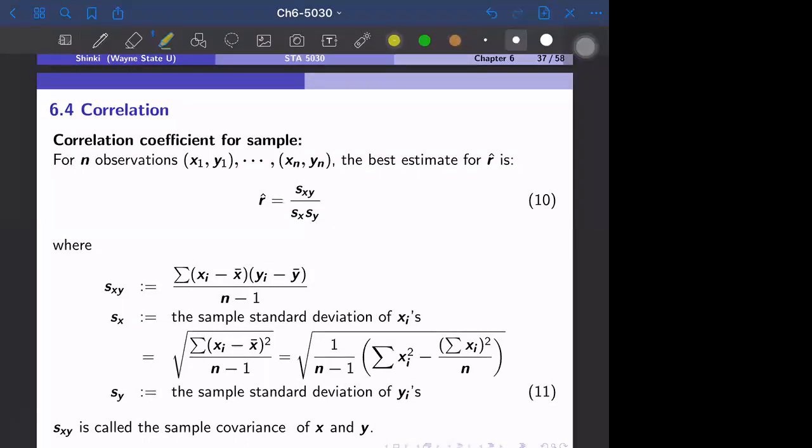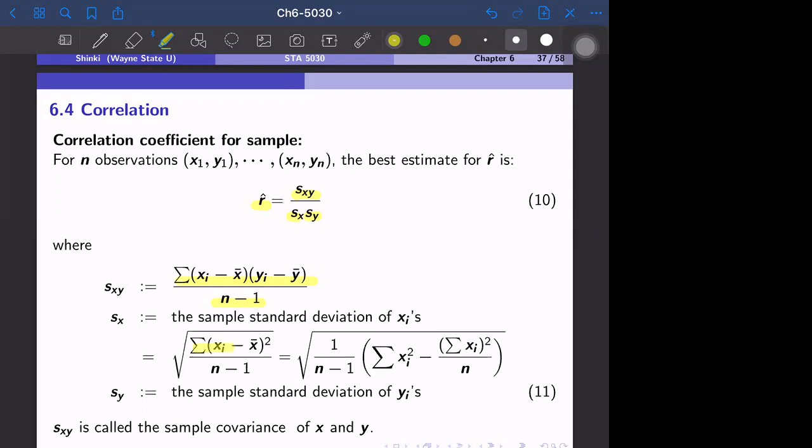In this textbook and lecture, we use R hat to represent the sample correlation coefficient: S sub xy over S sub x times S sub y. S sub xy is the estimate for covariance, just the summation of xi minus x bar times yi minus y bar over n minus 1.